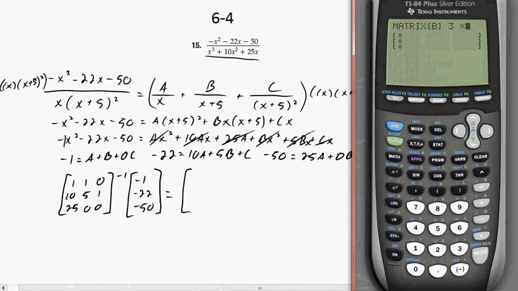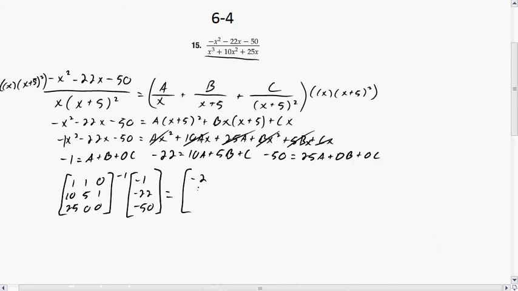Edit, 3 by 1, negative 1, negative 22, negative 50. Quit that. Matrix A inverse times matrix B, enter. You have negative 2, 1, and negative 7. That just means A equals negative 2, B equals 1, C equals negative 7.